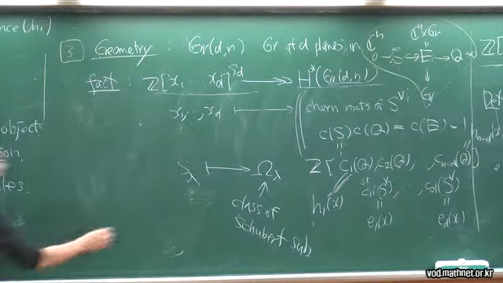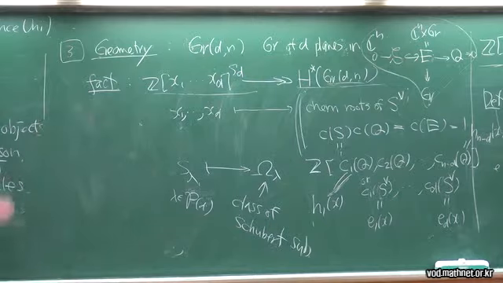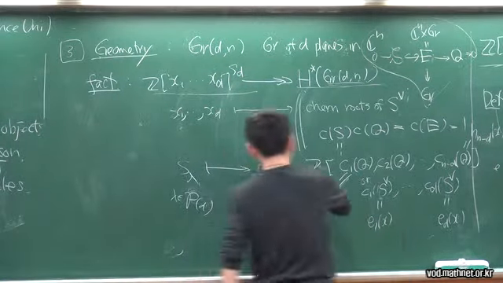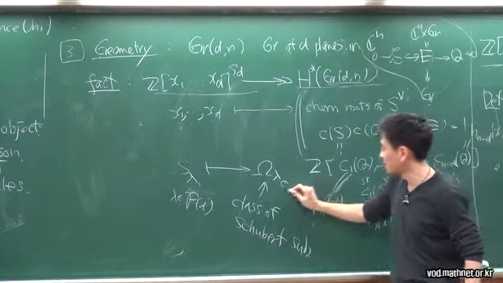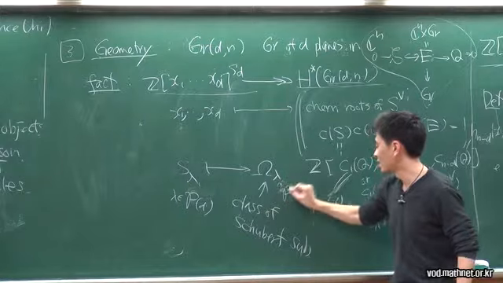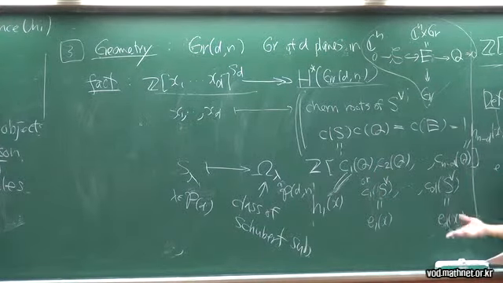Okay, so of course, this lambda sits inside of without any restriction on the number of boxes in a row, but we are already fixing n on this side, so this lambda has a restriction on the number of boxes in the rows.